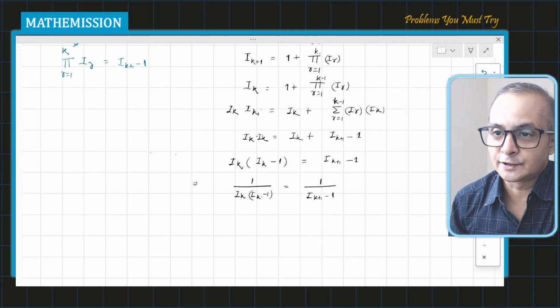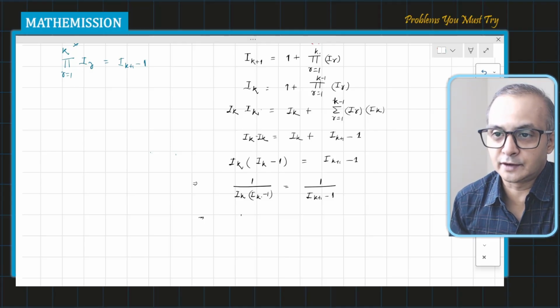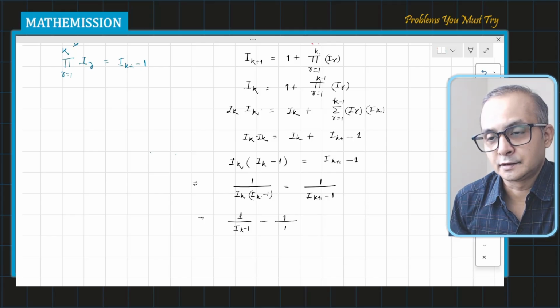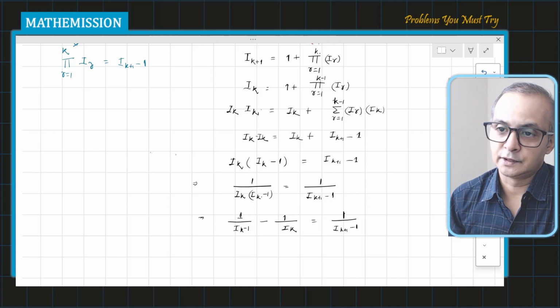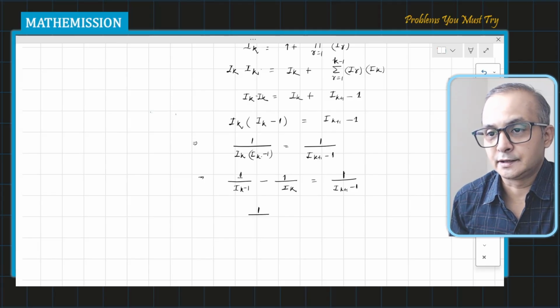Now this has a very wonderful thing, that the difference is 1, so I can write here 1 by i_k minus 1 minus 1 by i_k plus 1 minus 1. So I got the value of 1 by i_k, yes, is equal to 1 by i_k minus 1.